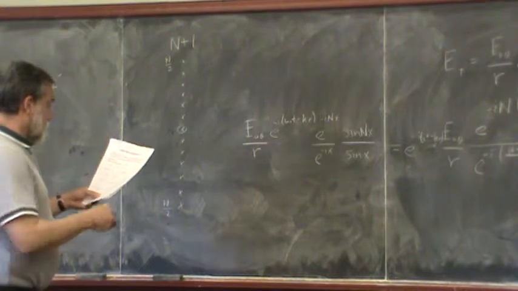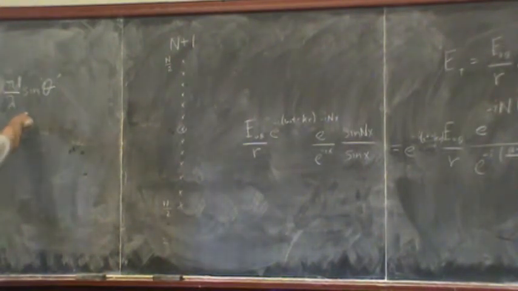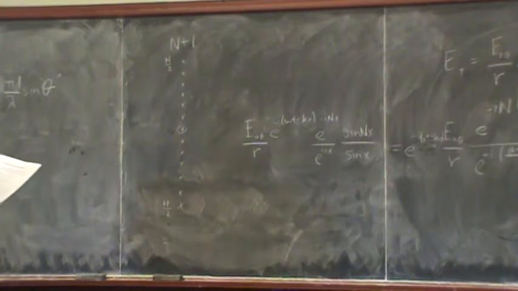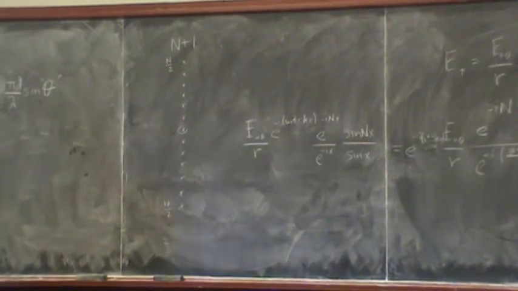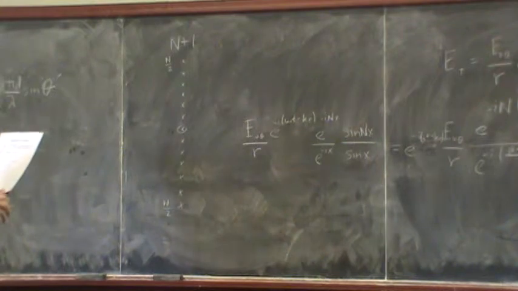Let's go back up over there. Oh, there's beta. When beta minus delta phi over 2 is equal to, I have sine functions there, right? Yes.